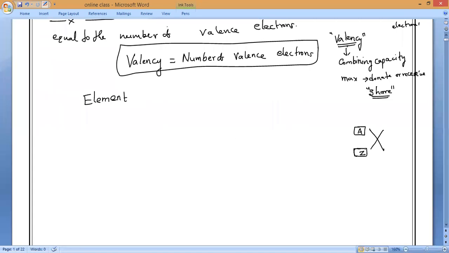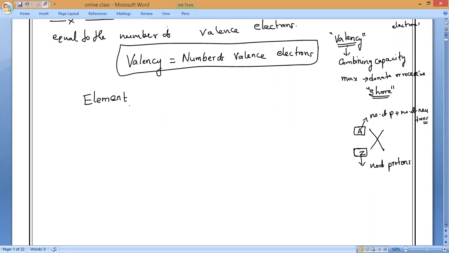Now, as we know, atomic number means number of what? Number of protons. And mass number means number of protons plus another thing. What is that? Number of protons plus neutrons, number of neutrons.